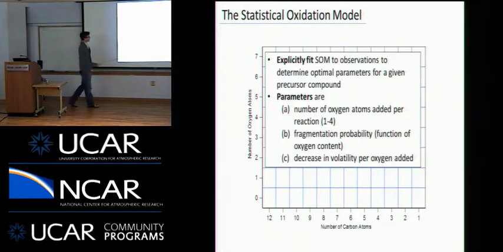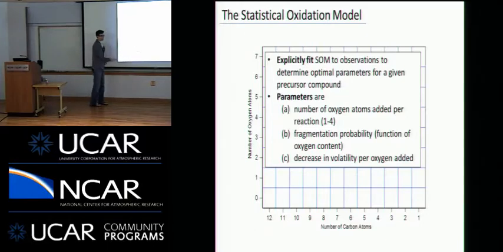These 6 parameters are, 1, the number of oxygen atoms that are added per reaction. Okay, so we can go from down here and we can add either 1, 2, 3, or 4, and that's some probability of addition. We have some probability of fragmentation, right? So when this species reacts, is it going to mostly go up this way or is it going to go that way? And we just describe that probabilistically.